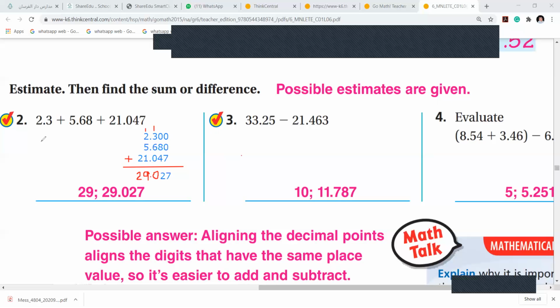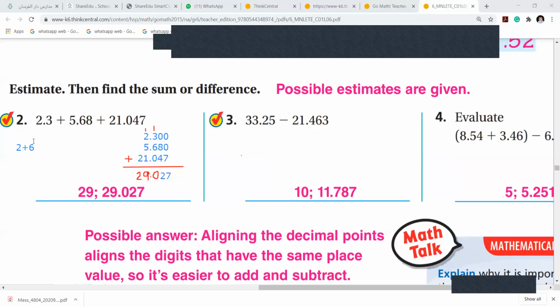Okay, guys. Now estimate. Who's going to say the estimate? 2 plus 2 plus 3, 5. Leave that. Now 5.6, what is the estimate? Is it 5 or 6? 6, because after the point you see a bigger number than 5.